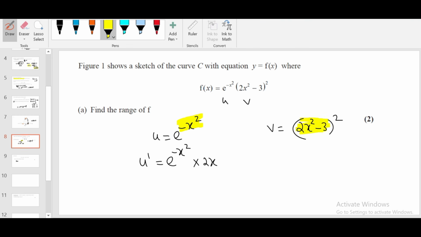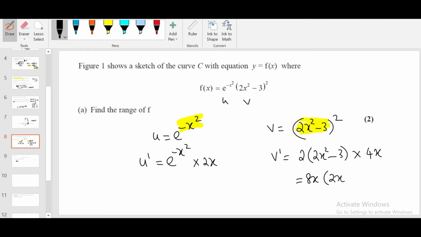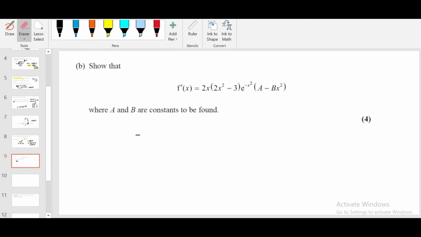Take this as x. We have x squared. Derivative of x squared is 2x times, differentiate the highlighted one. So we'll get 8x times 2x squared minus 3. Now apply the product rule here. f dash of x is equal to, from f of x, keep the first function as it is.